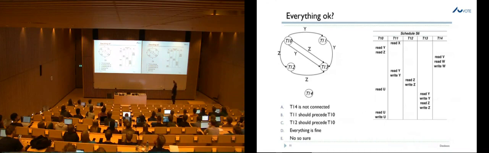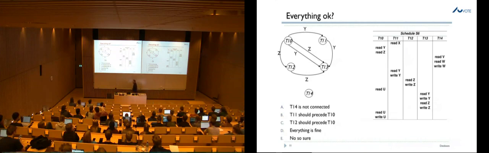And then there are some reads also. You see, there are some items that don't appear in conflict edges, like V and W, because V doesn't create any conflict, and W is touched by just this one. So that's the conflict graph that we got.